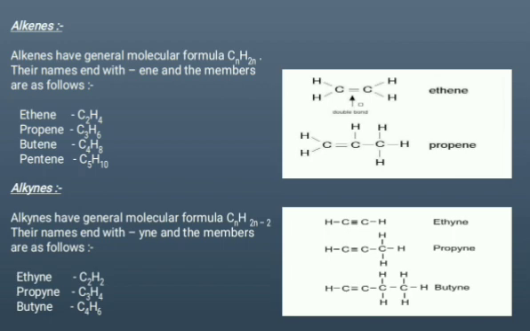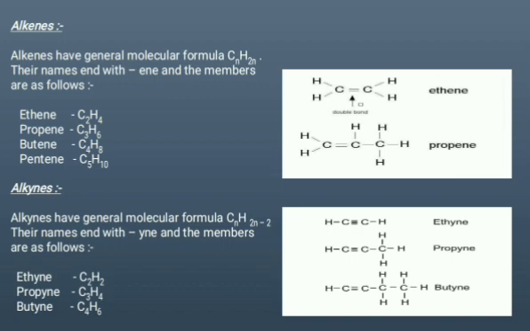Alkenes have the general molecular formula CnH2n. Their names end with the suffix ene and the members are ethene, propene, butene. If we compare the chemical formulas of ethene and propene, C2H4 and C3H6, we will find that propene and ethene differ by only one carbon and two hydrogen atoms, that is a CH2 group.